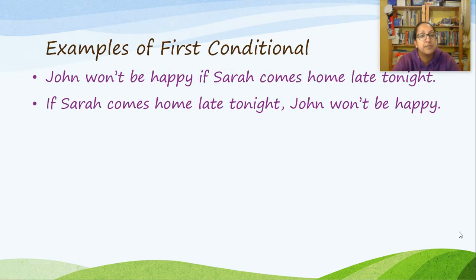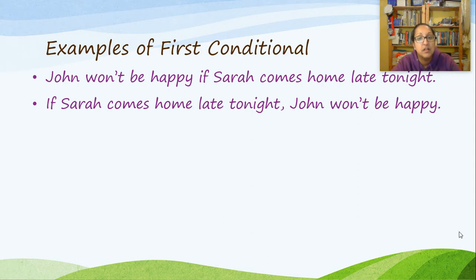Let's look at some examples. John won't be happy if Sarah comes home late tonight. If Sarah comes home late tonight, John won't be happy. So in the second example, the conditional clause comes first, so we have a comma.